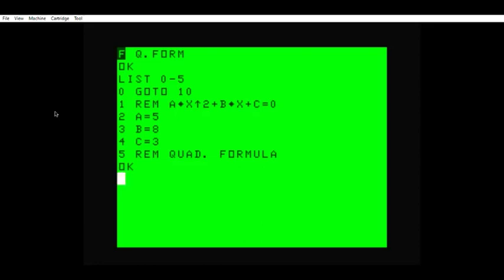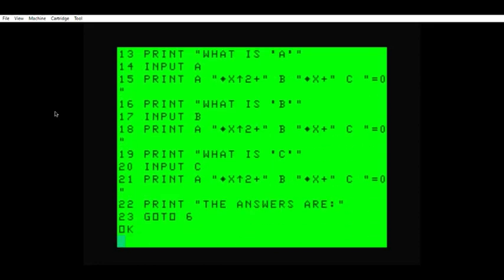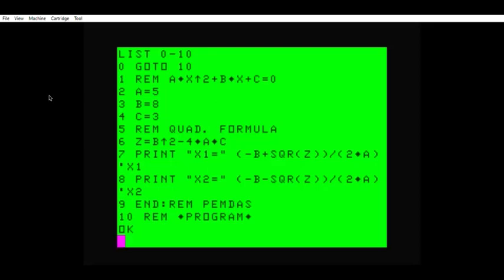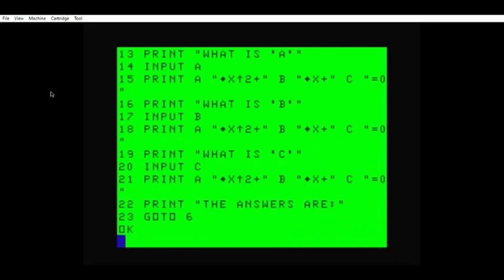Okay, so now you're going to see the color computer in action here and what it can do. I'm going to list the program so you can see the different parts of it. So what happens is, now I did this yesterday, so I have to look back in here and see what's going on.